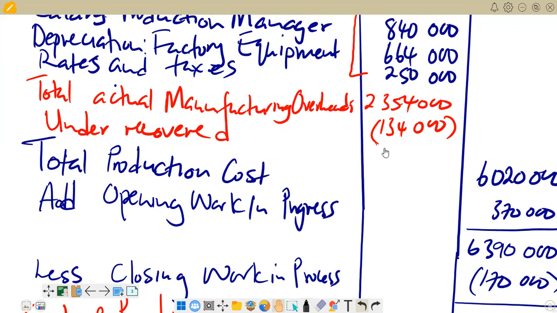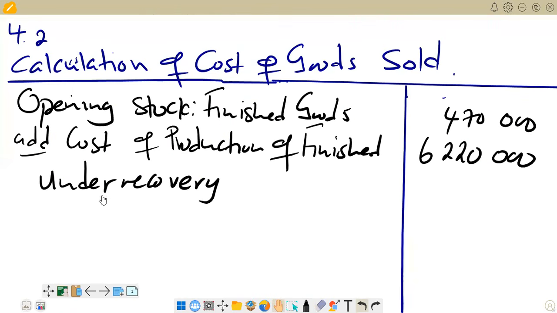So the under recovery is this one, which is 134,000. So this is the one that we are going to transfer again in the calculation of cost of goods sold there. So on under recovery, remember it's 134,000. If it's an under recovery, we are supposed to add it here, 134,000. But if it was an over recovery, we are supposed to subtract it here.